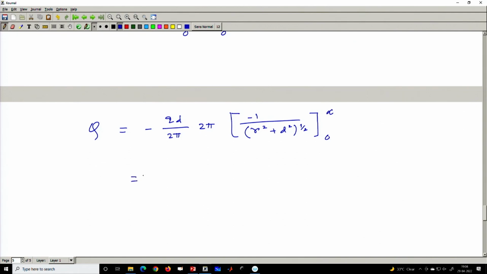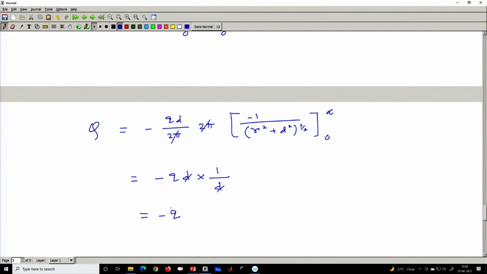Now if I put in the limits 0 to infinity, the 2 pi cancels out. It is minus q d times 1 upon d, so d cancels out, and eventually I get minus q.